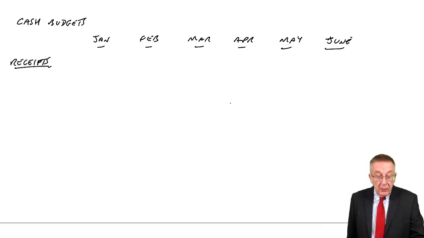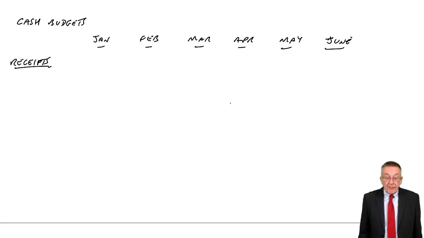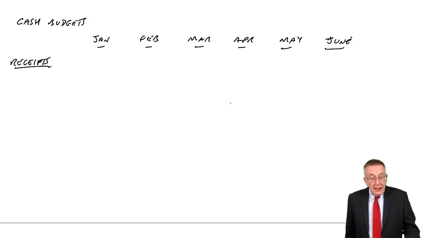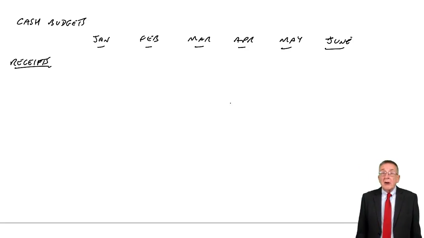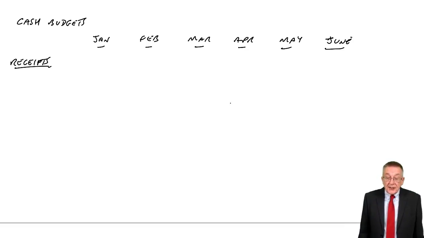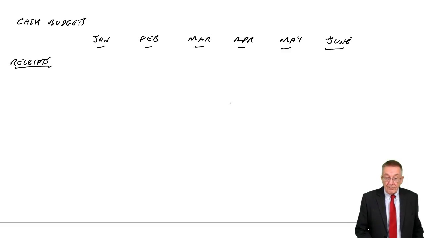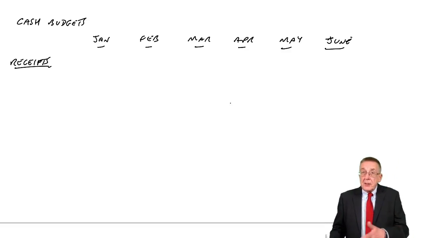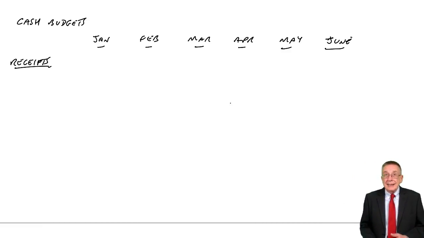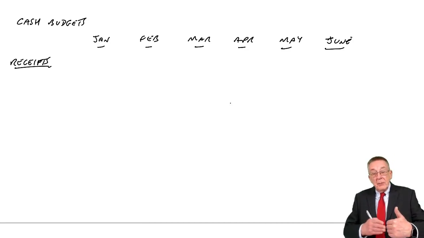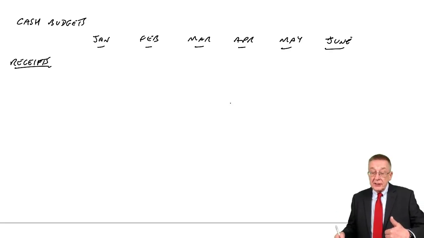And we know how much we expect to sell each month, but note A tells us that 40% of the sales are cash sales. 60% of them, though, are on credit, and credit sales are paid 2 months after the month we sell them. So customers are taking 2 months credit. Whatever we sell in January on credit, we'll get the cash 2 months later, in March.